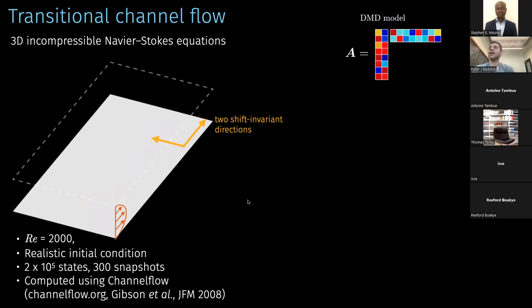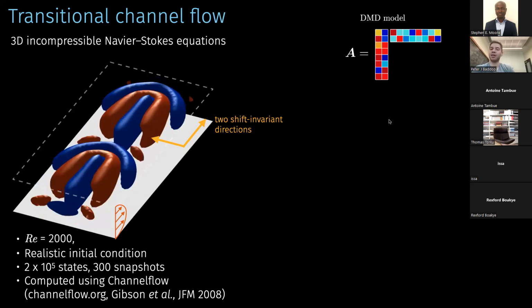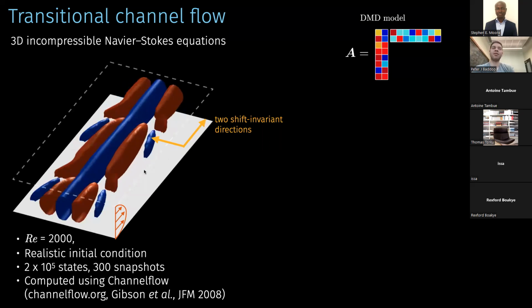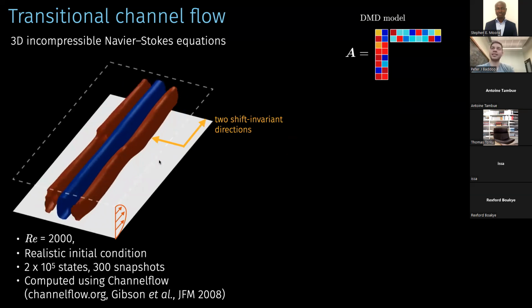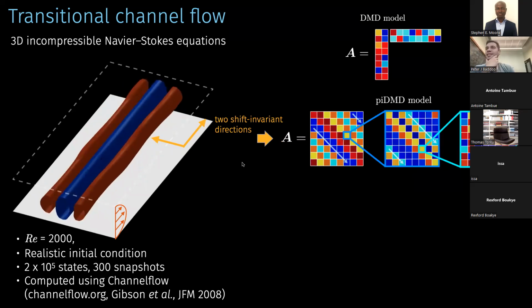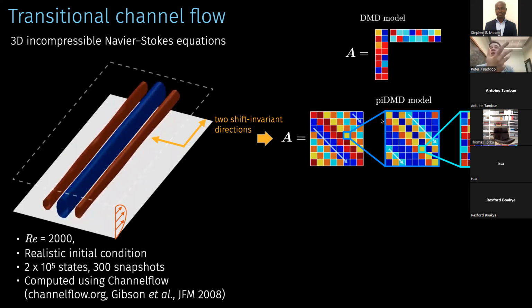A standard DMD model would seek a low-rank representation of the model that best represents this data. Whereas a physics-informed model, given that we know the system is shift invariant, has this circulant structure, but in a block sense.